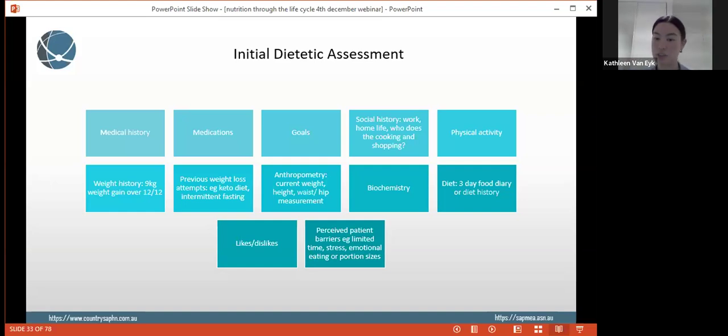Usually for our patients, we'll get them to fill in a food diary before they come, about a three-day food diary, or we'll go through their diet history with them. And any barriers that our patients perceive, so it might be, for example, stress or time, or maybe portion sizes are too big.